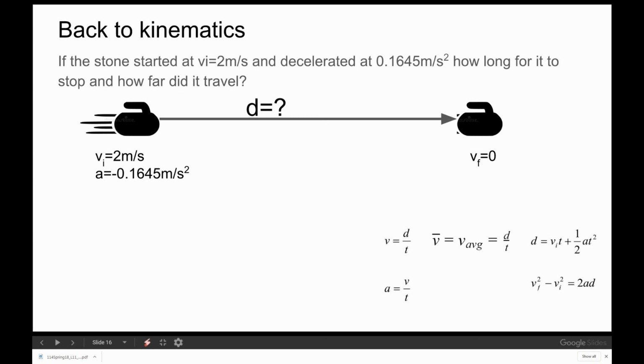So I set the problem up here. I have an initial speed and an acceleration on the left and a final speed of 0, and we want the distance and the time. We have 2 unknowns in here, distance and time. So any formula that has both distance and time cannot be used because you would have 2 unknowns in the equation.